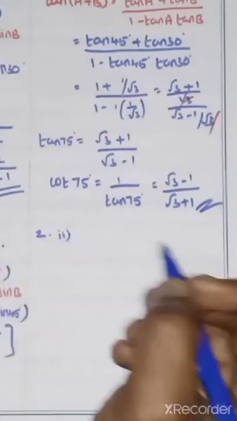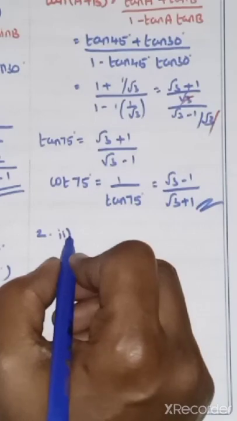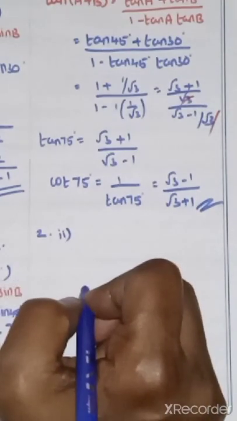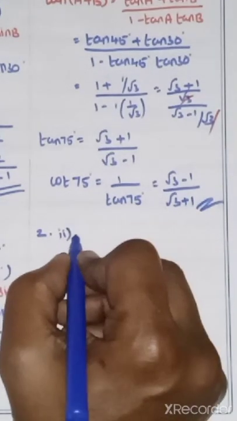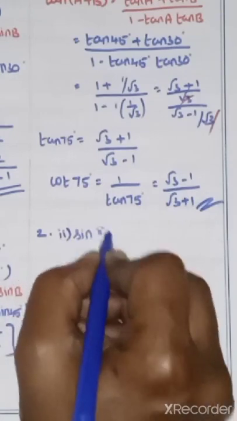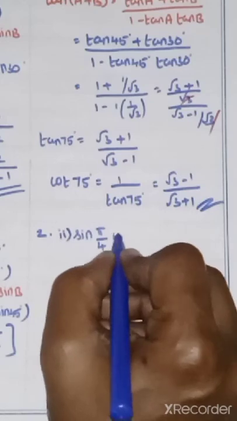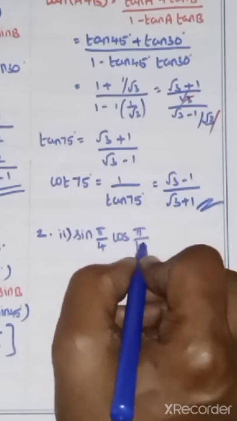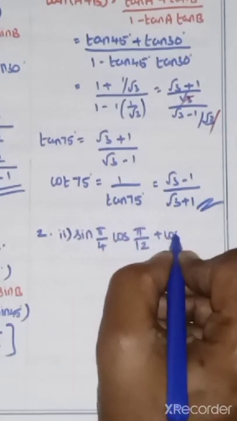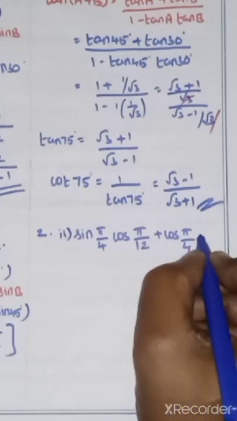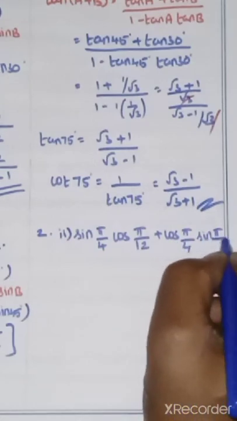Second subdivision. The question is: find the value of the following. This is also a value we have to find. And what is your second subdivision formula? Sin pi by 4 cos pi by 12 plus cos pi by 4 sin pi by 12.